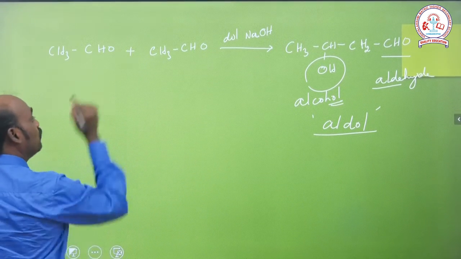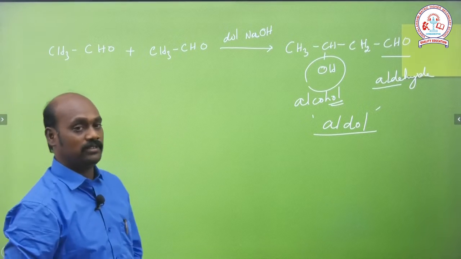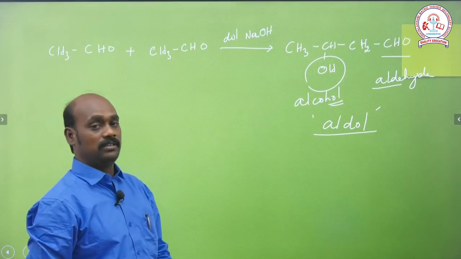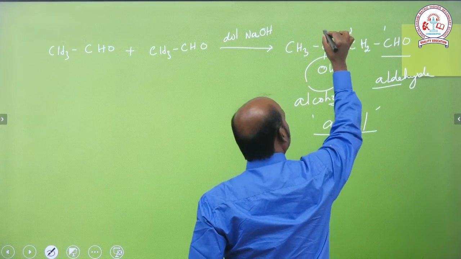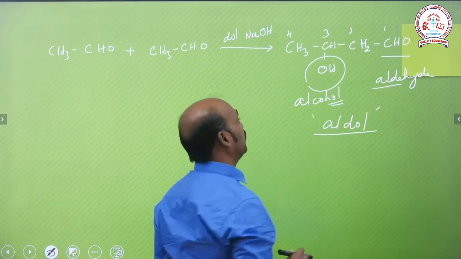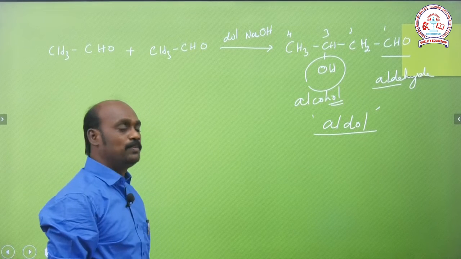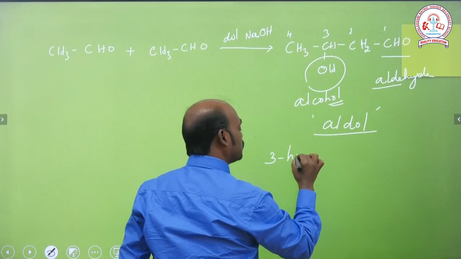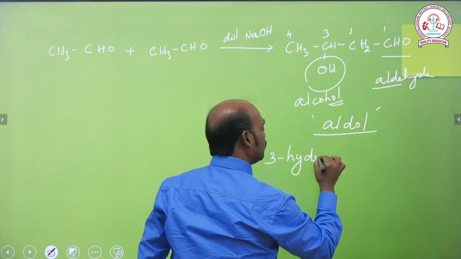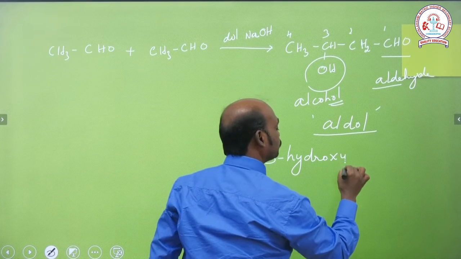Yes. Okay. What is happening in this reaction? What is the name of this aldol? This is the first carbon, second carbon, third carbon, fourth carbon. In the third carbon, a hydroxyl group is present. So it is named 3-hydroxy.